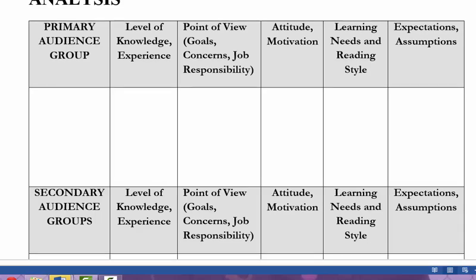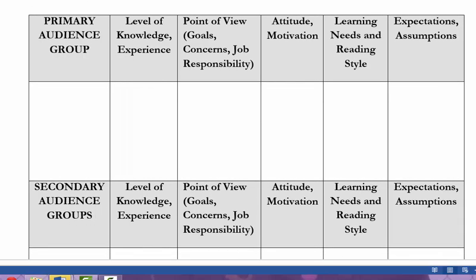Your primary audience is likely going to be the person who requested that you write this recommendation report, and it will probably be the person who is making the decision. So this would likely be your supervisor. Your primary audience is of course going to be determined by the imaginary scenario that you are inventing to respond to.